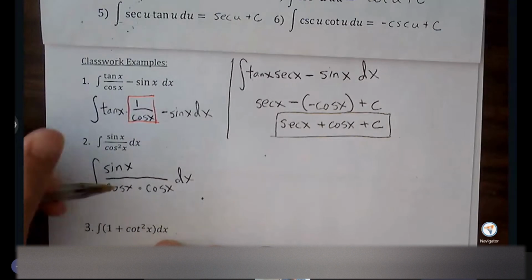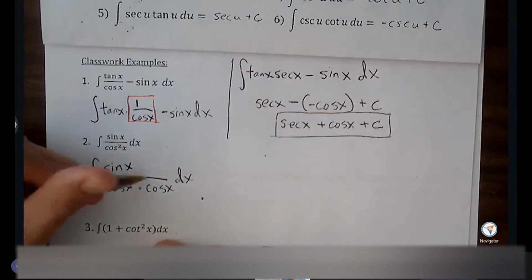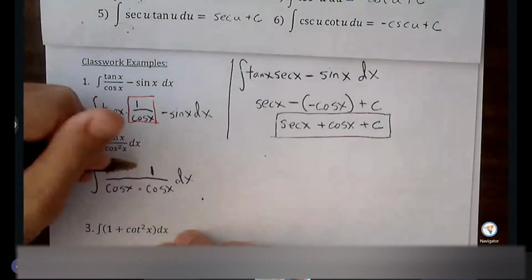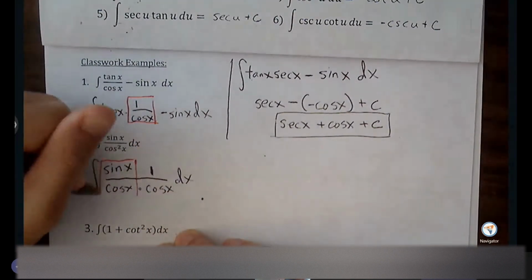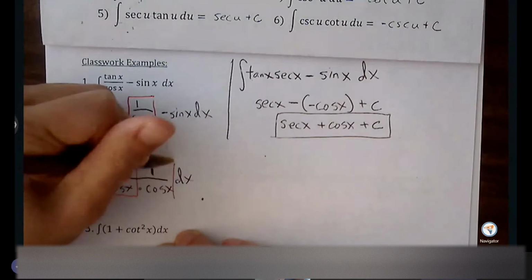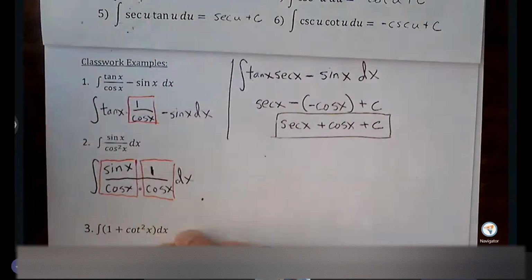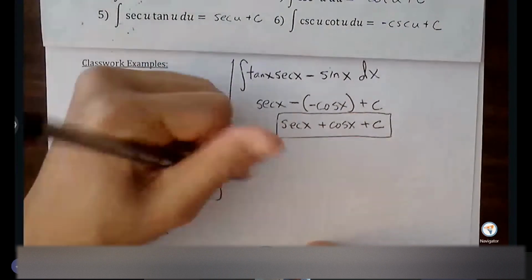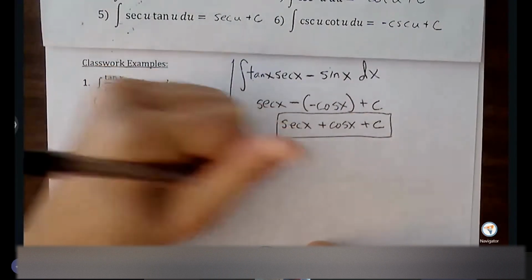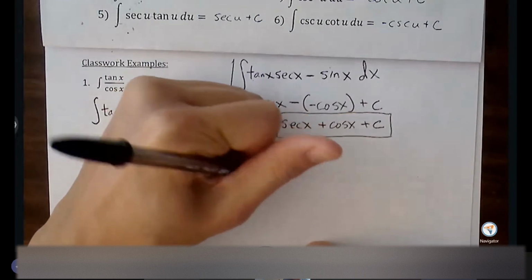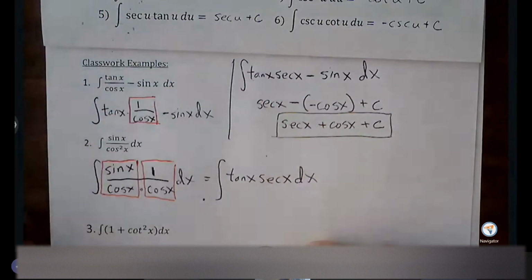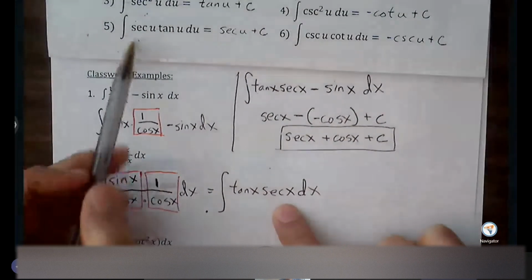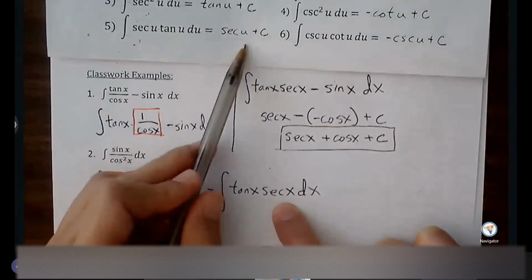If I think of this as sine over cosine and 1 over cosine, then we can see some patterns come out, right? Because sine over cosine is the same thing as tangent, and 1 over cosine is the same thing as secant. So really, this is also tangent secant. And because we're able to rearrange it into a different form, we're able to make it match.